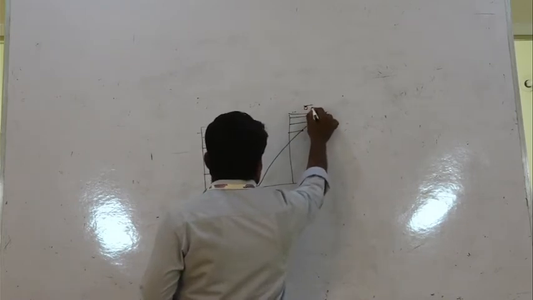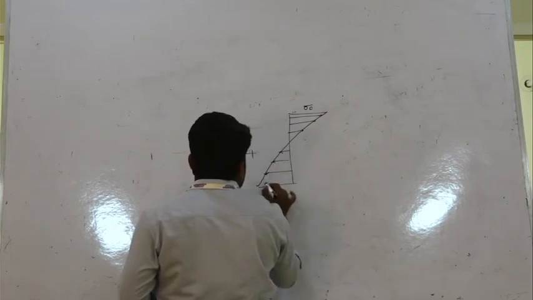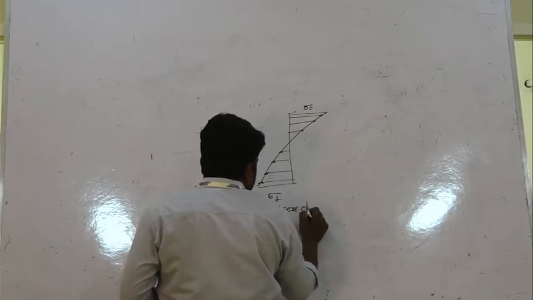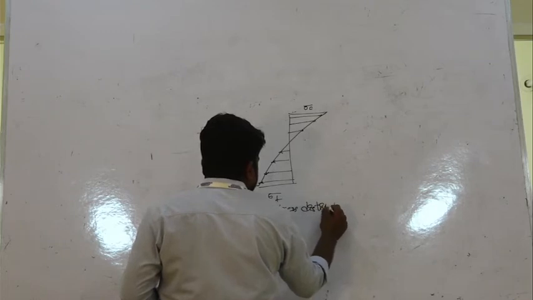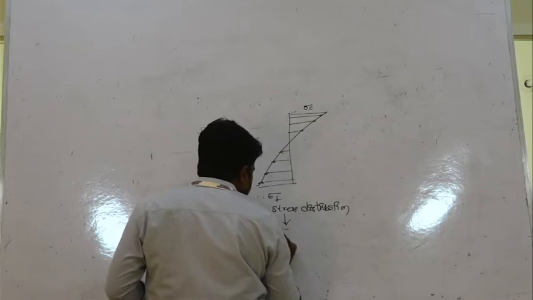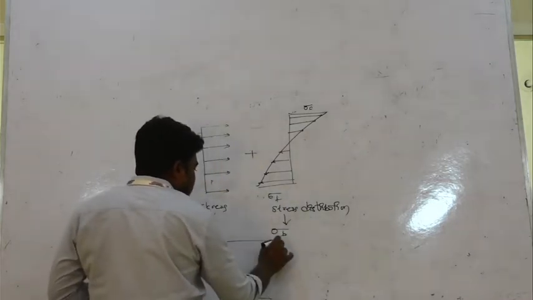This is sigma c, this is sigma b. This is the stress distribution due to bending. This is sigma naught and this is sigma b.